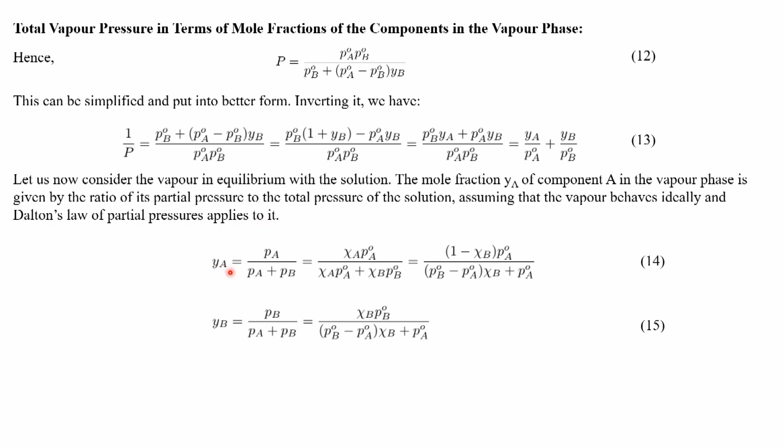So we get YA is PA by PA plus PB, and then if we substitute the values of PA and PB in this expression, finally we get (1 minus XB) times PA naught by (PB naught minus PA naught) times XB plus PA naught. Similarly, we get YB is XB times PB naught by (PB naught minus PA naught) times XB plus PA naught.